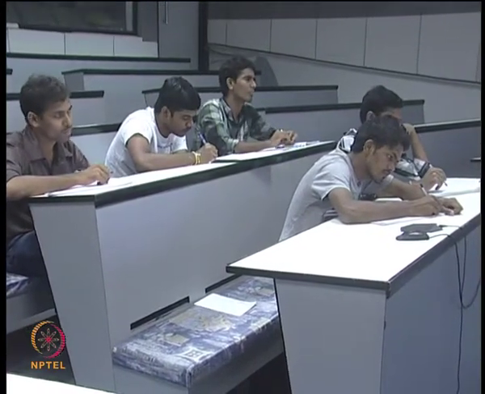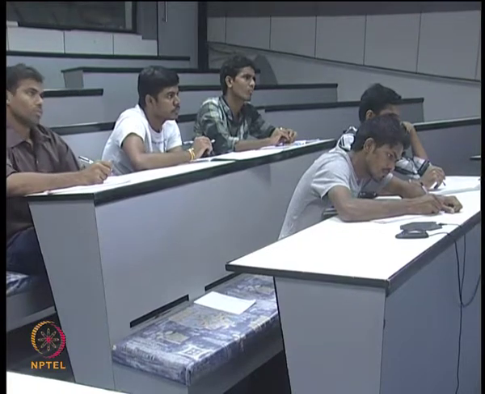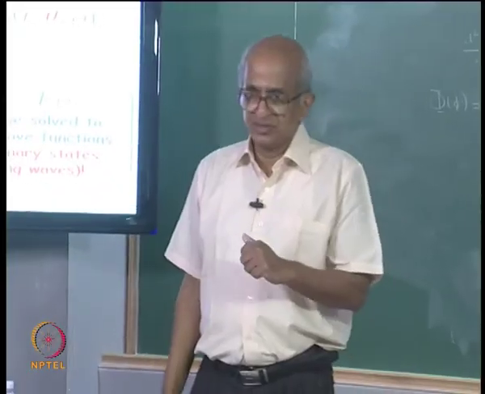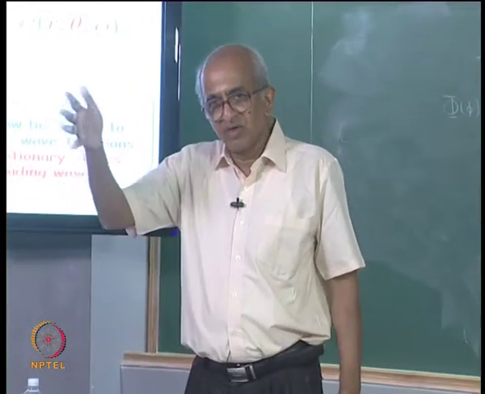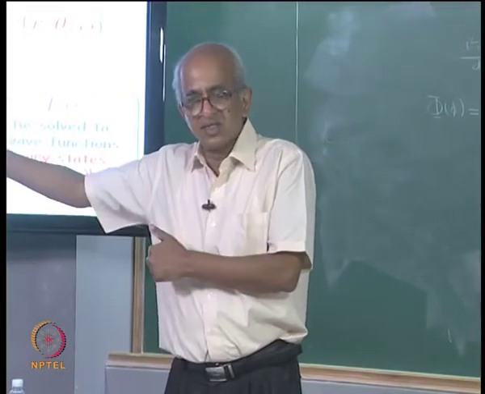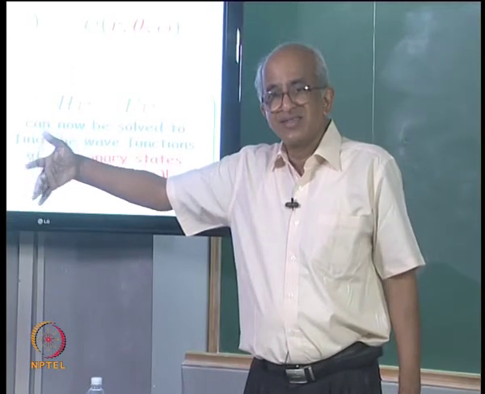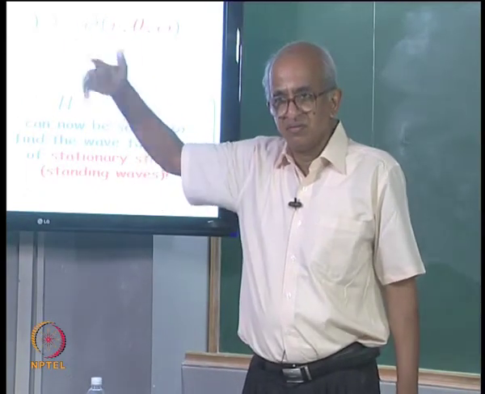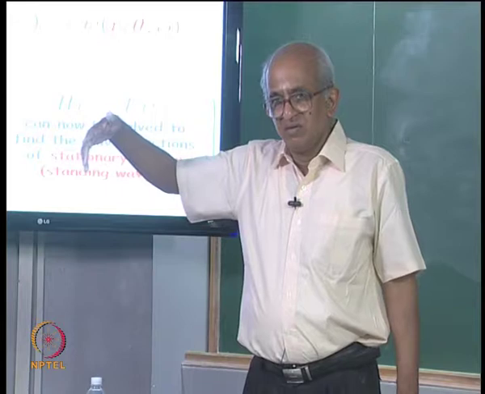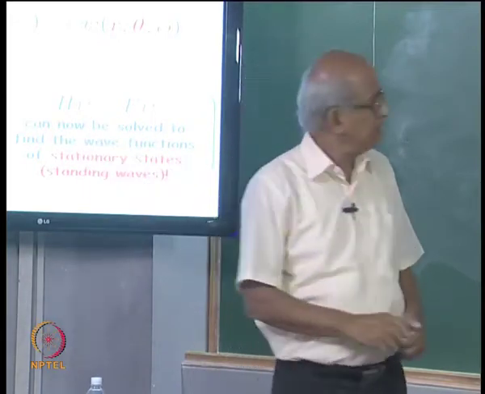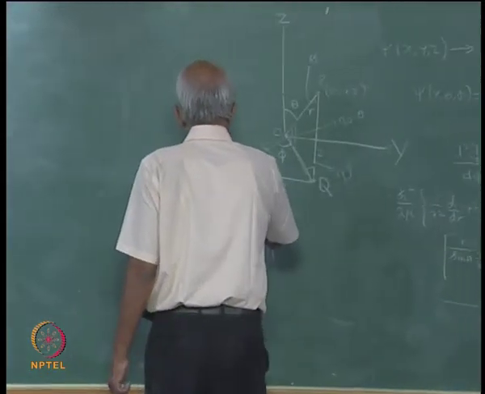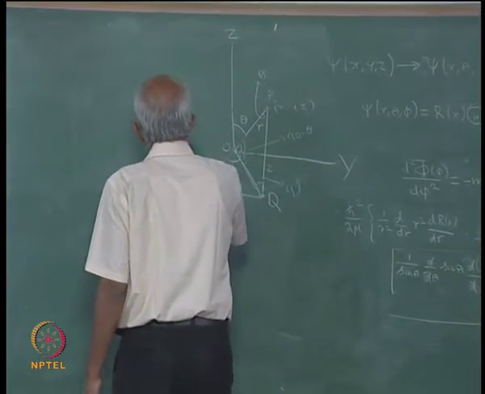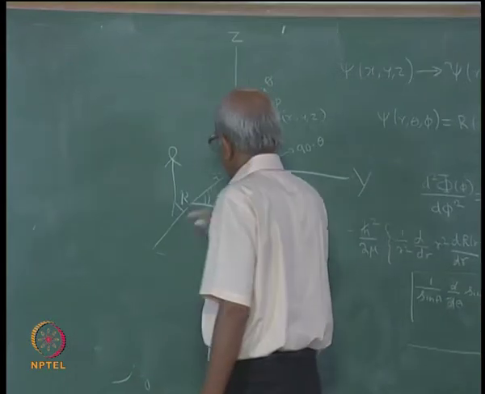But then the question arises whether this is an acceptable solution. See, suppose I am thinking of having my head, as I said, in the x z plane, but that is not very precise actually. Suppose I am standing somewhere here, this is me, and here is my head.